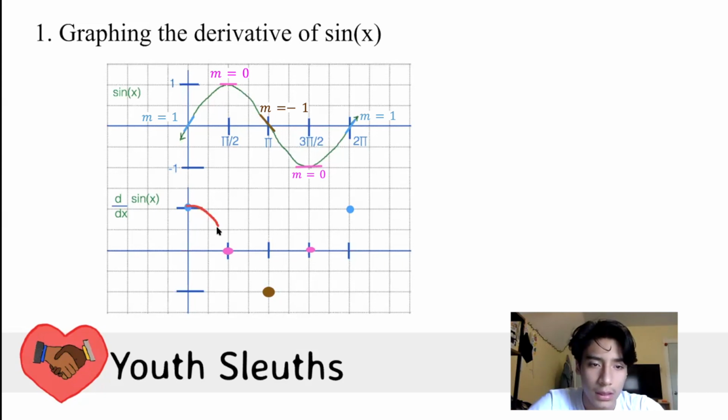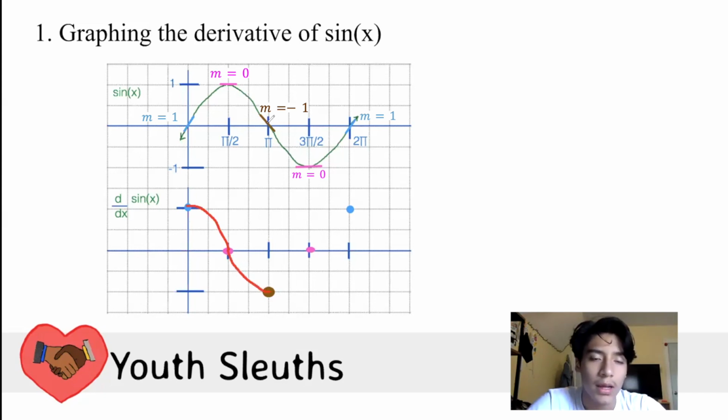It's going to decrease. Now we're going to start from pi over 2 to pi, and we have an instantaneous slope of 0 at pi over 2, and then the instantaneous slope at pi is -1. So 0 to -1 is a decrease, so we will also decrease again.